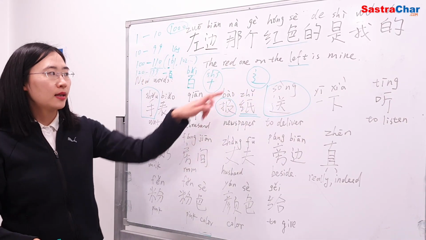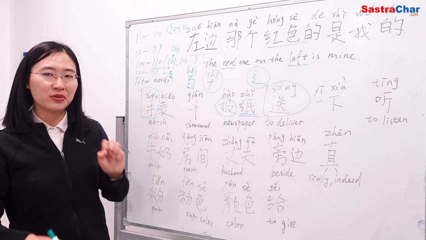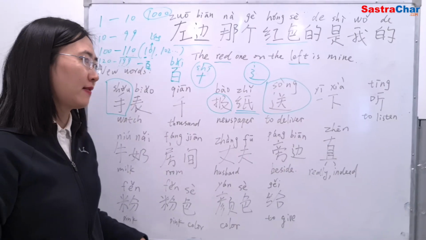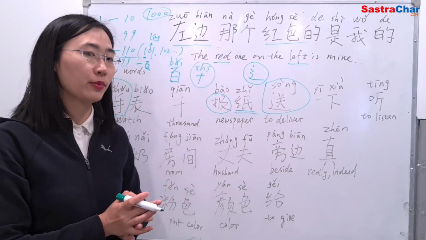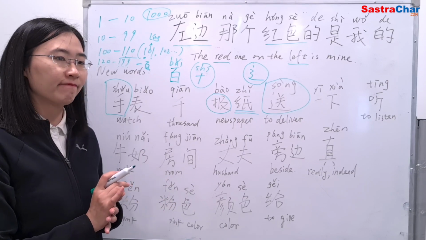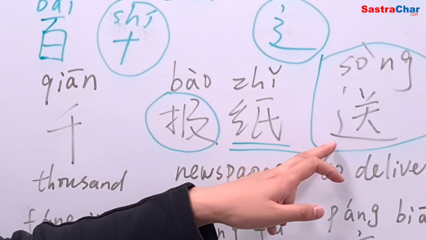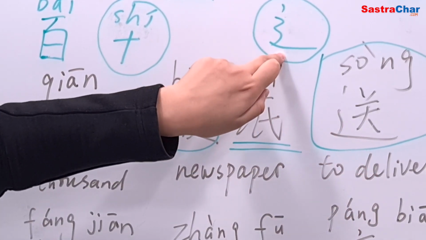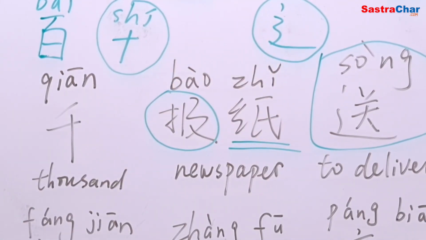It is called 走之底. So it means to walk with our feet. So 送, to deliver. In ancient times, we didn't have cars or other vehicles, so we just delivered things on foot. So that's why 送, to send, to deliver, is used with this part, 走之底, because it is related to walking with the foot.